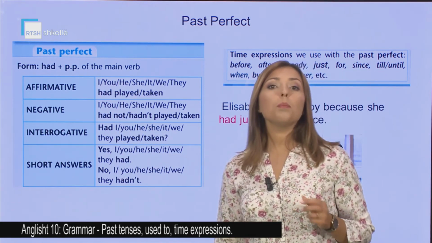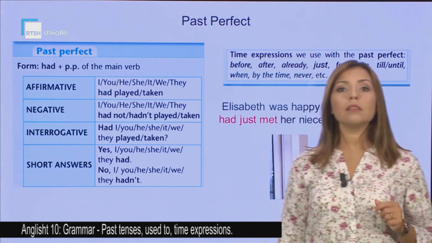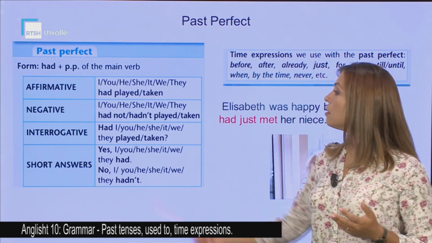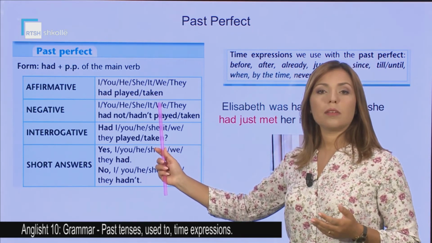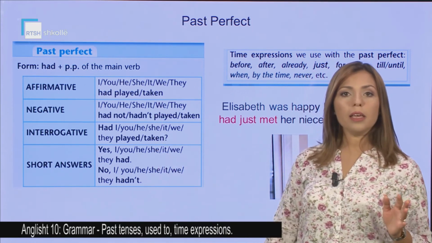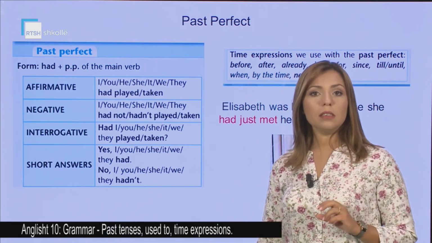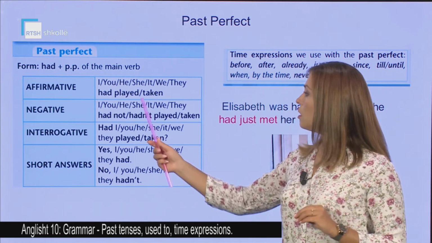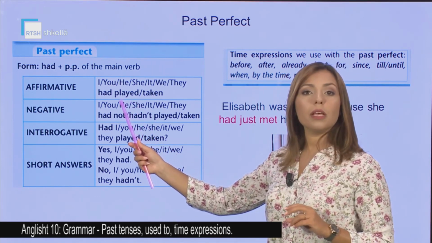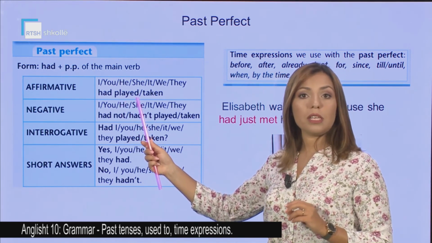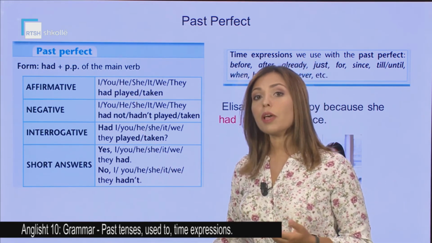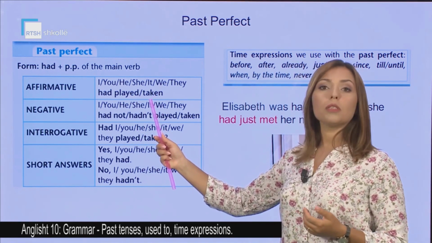I had played. I had done. I had taken. So, I plus had plus, if the verb is regular, played with an ed. If it is irregular, the past participle.